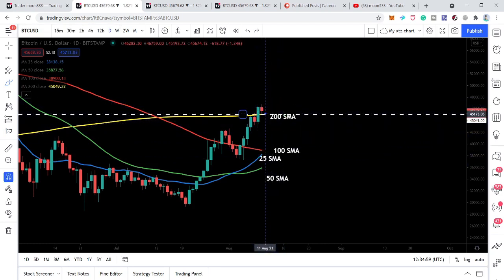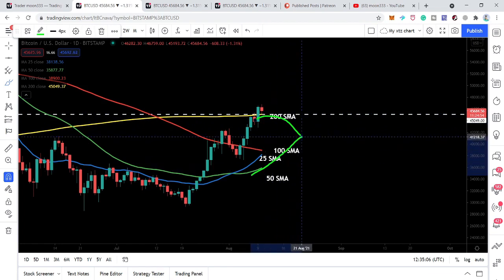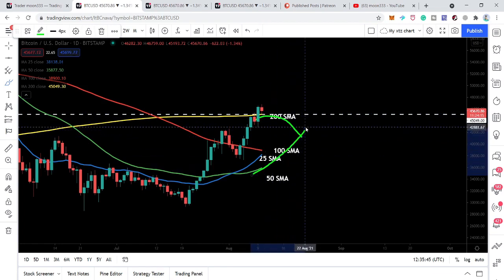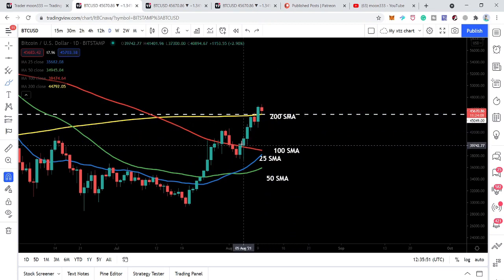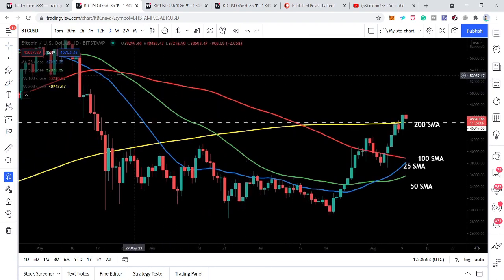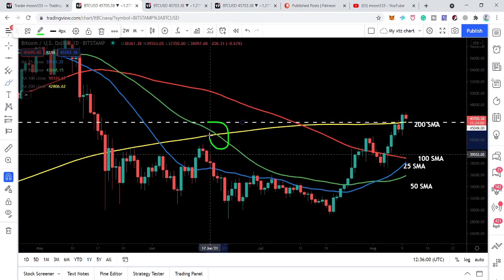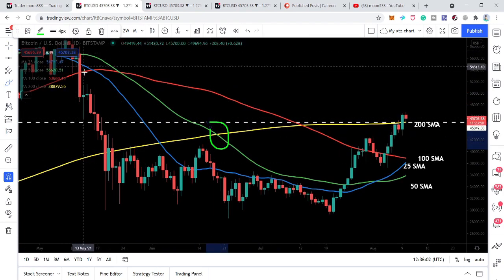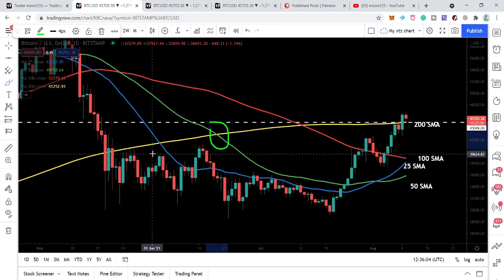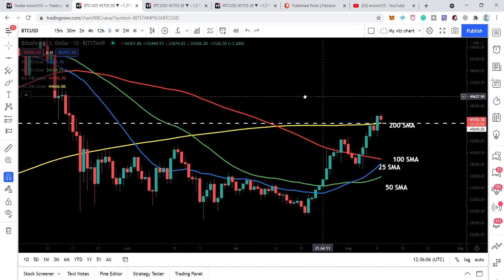But I am waiting for the real golden cross between the 200, this yellow one, and the green one, which is the 50 simple moving average. That will be the real golden cross and buy signal. Even though this is a lagging indicator, previously when this 50 simple moving average was moving down, the death cross was formed here, but before this death cross we received a very strong bearish move towards the downside.